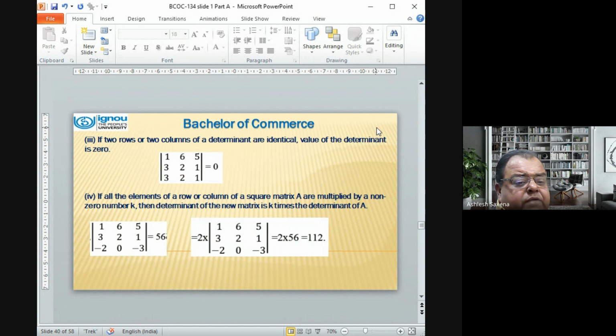If all the elements of a row or column of square matrix A are multiplied by non-zero number k, the determinant is k times the determinant of A. Suppose we get 56 by solving this matrix, and we multiply it by 2. It will be 56 into 2. It will be 112.